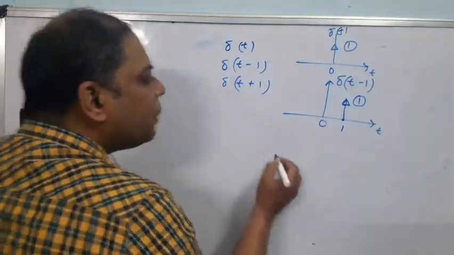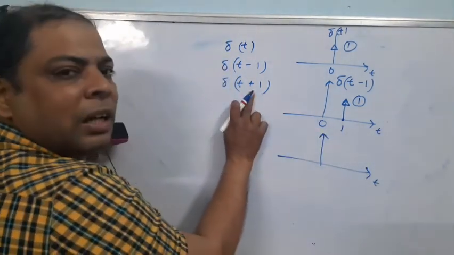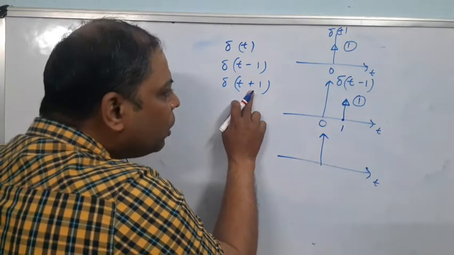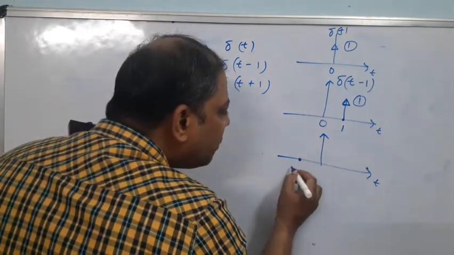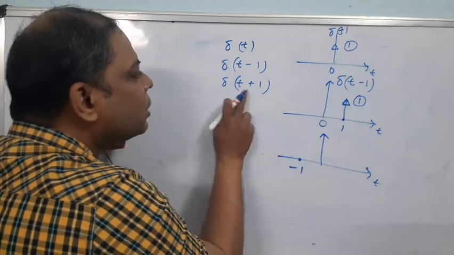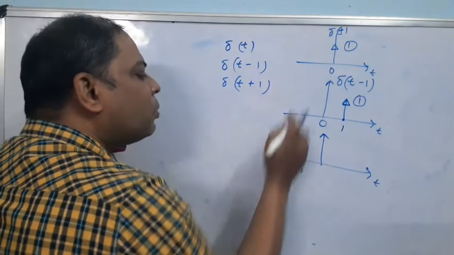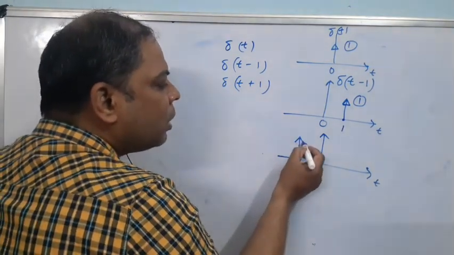Now delta(t plus 1). Here a plus operation means left shifting. Left shifting means the impulse function is shifted towards left by an amount of 1. That means it will come to minus 1 position.